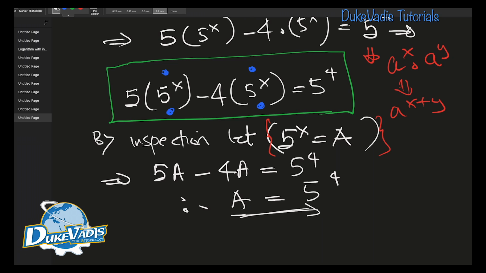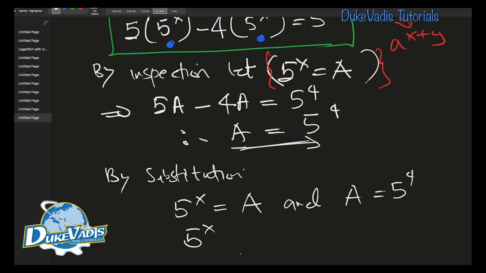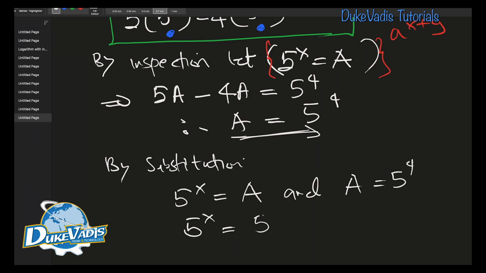So by substitution, since we have 5 to the x equals A, and A is equal to 5 raised to the power 4, then we can say that 5 raised to the power x is equal to 5 raised to the power 4.